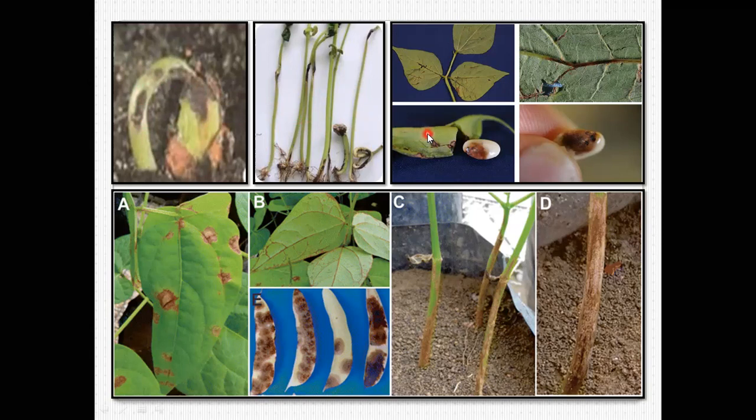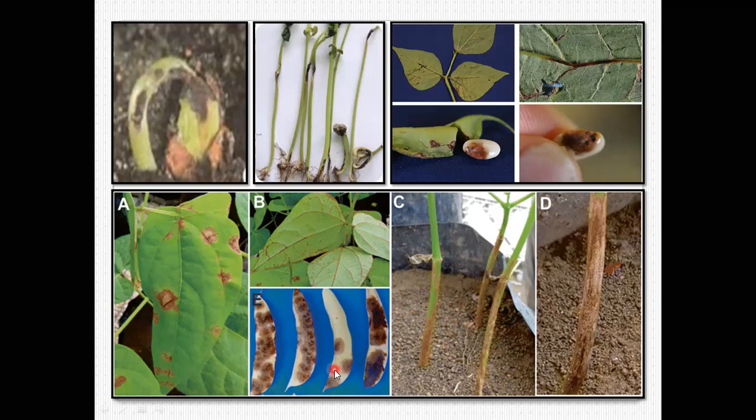But the infection can also be seen on well-developed bean plants. Initially the symptoms are seen on the leaves, then shoots, petioles, stems, and also the pods having the seeds.